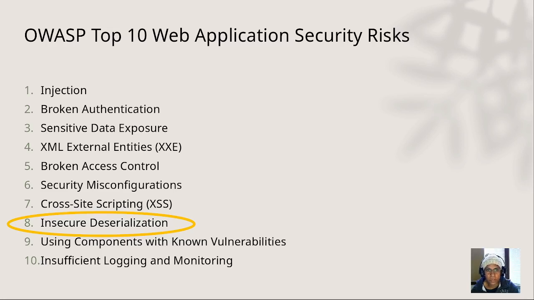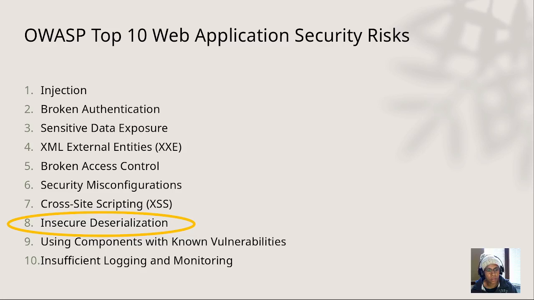The OWASP Top 10 Web Application Security Vulnerabilities list, as the name implies, consists of the 10 security risks or vulnerabilities that are deemed high risk. At the very first on the list is injection, or SQL injection, as we know.